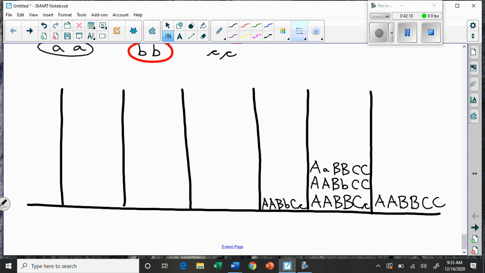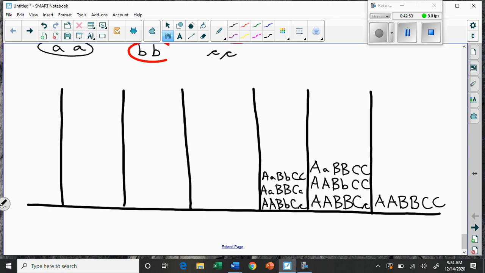Or maybe it's A, oops, sorry, maybe I should do the little a here. Hang on. I'm trying to squeeze it all in, so it's kind of tricky. A, little a. We could have 2 capital B's, and then a C and a little c. Or we could have 2 capital C's. So we could have an A with a little a, B with a little b, and 2 capital C's.